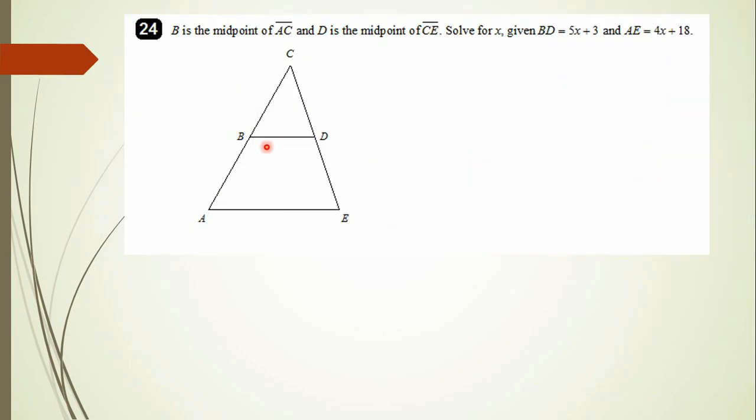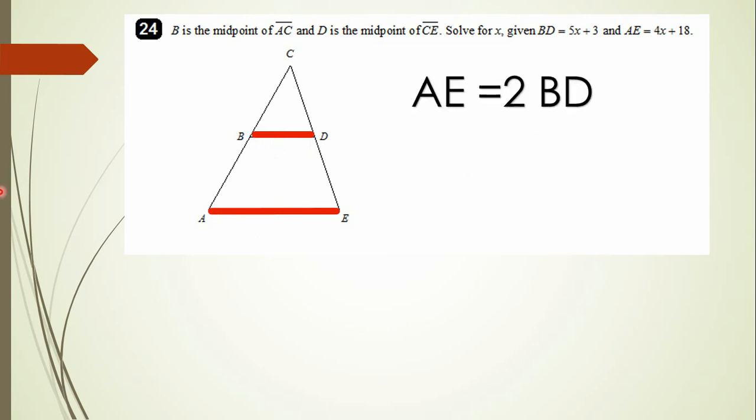B is the midpoint of AC and D is the midpoint of CE. Solve for x. BD equals 5x plus 3, and AE equals 4x plus 18. What's the relation between them? This line segment is called the mid-segment. It equals half of AE, or AE equals double BD. Double is better for solving the equation without fractions.